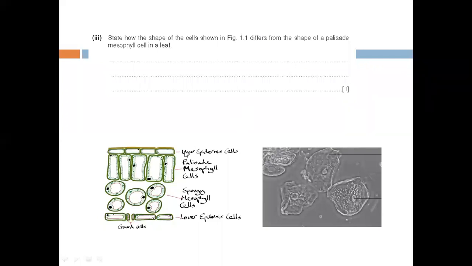So we will just look at the figure, and from the figure we will give our answer. In a plant cell there is a cell wall, but in the one cell given to us in the figure there is no cell wall. But here we will give our answer from what is physically on our screen.